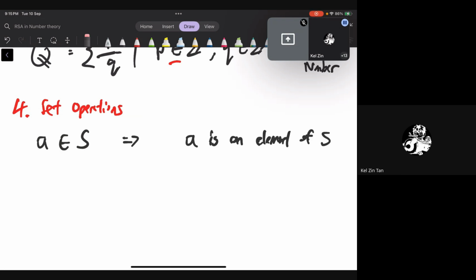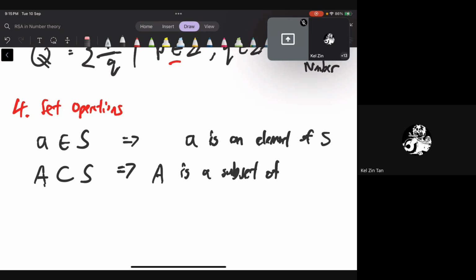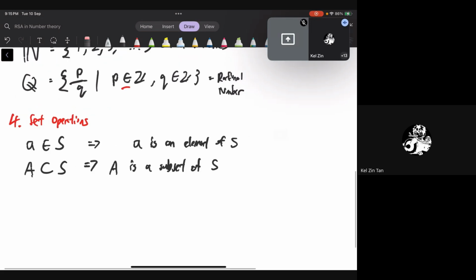Another common notation that is usually used is this notation. When we use this, it means that this is a subset of that. Let me write this as a big A, and then S. So this means that A is a subset of S. What is a subset?